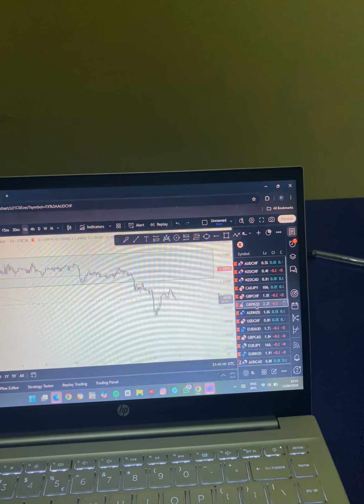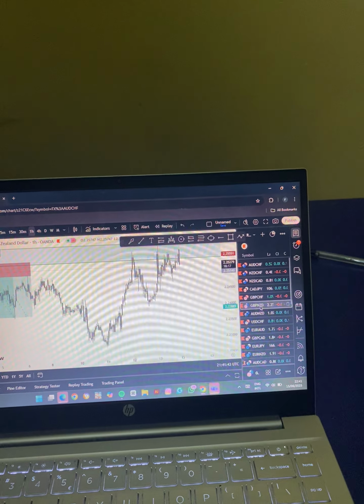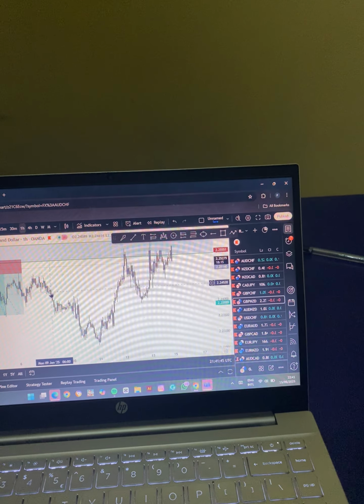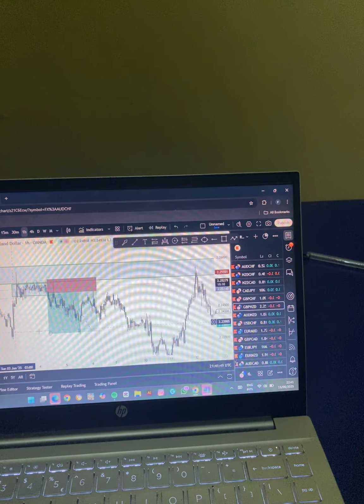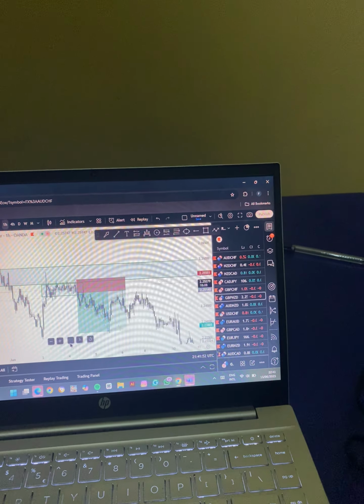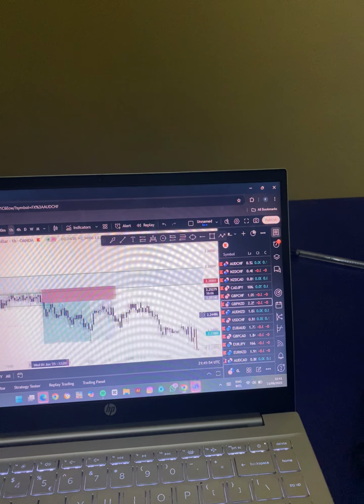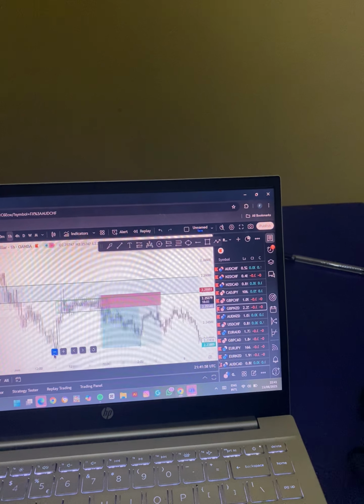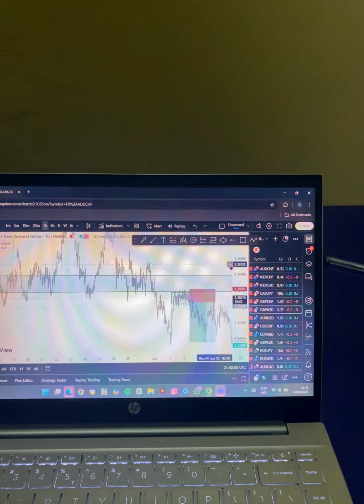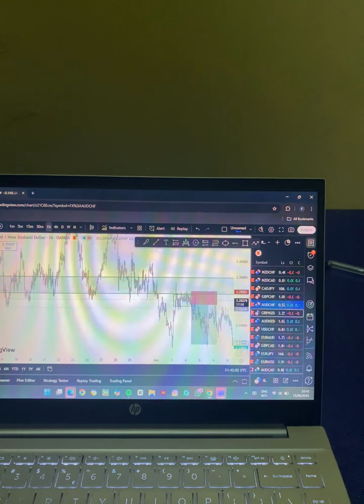The next one we got is this. I think this is one of the trades of last week. I wanted price to break out of this box, the accumulation. Price is already in the downtrend, and this is a key area.